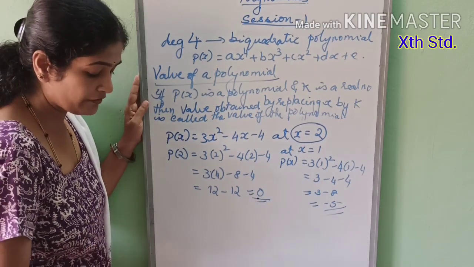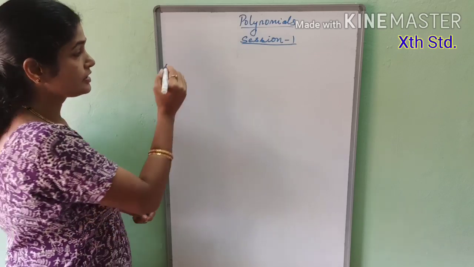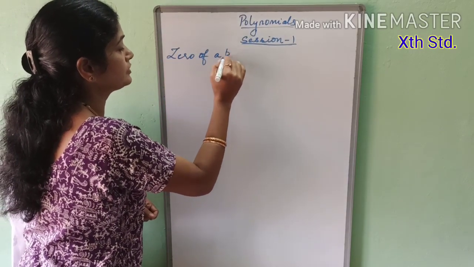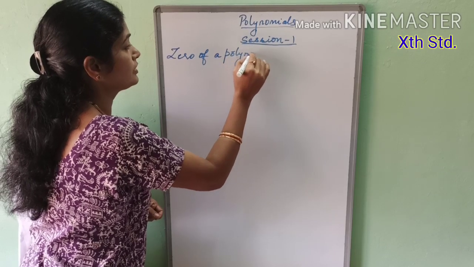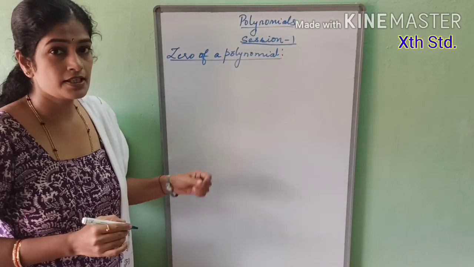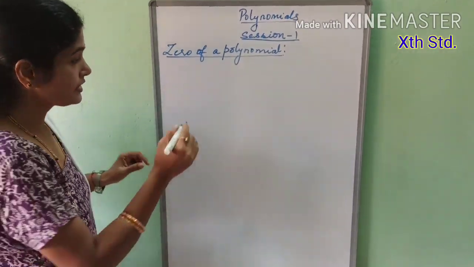Okay. That is how we have defined the zero of the polynomial. Zero of a polynomial. It is that value of k for which P of k becomes 0. That is a real number.